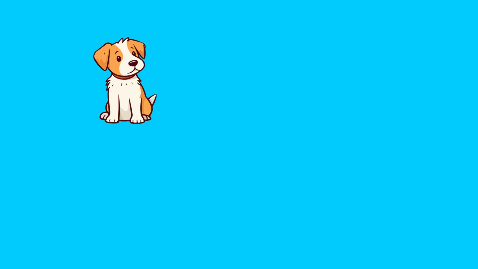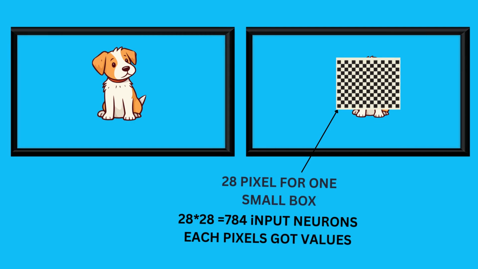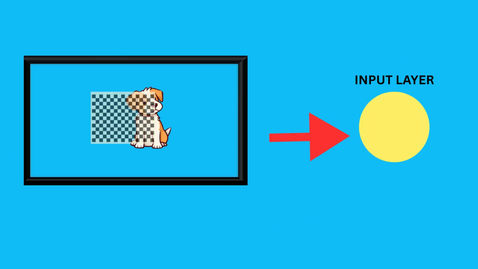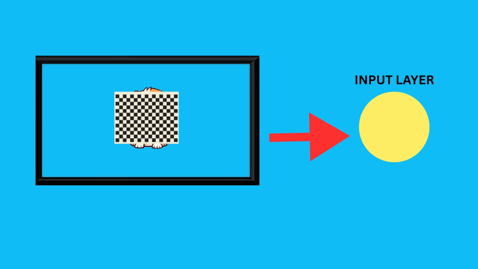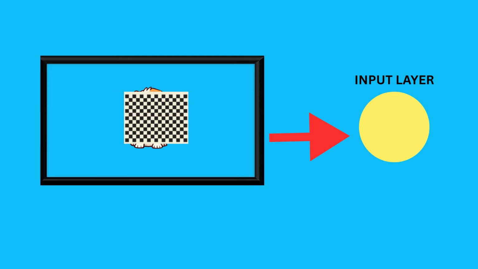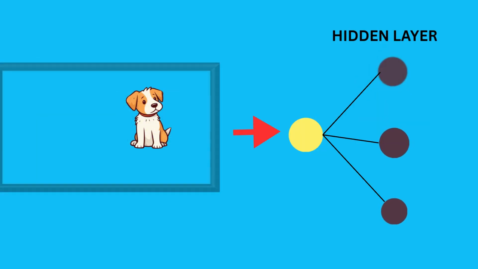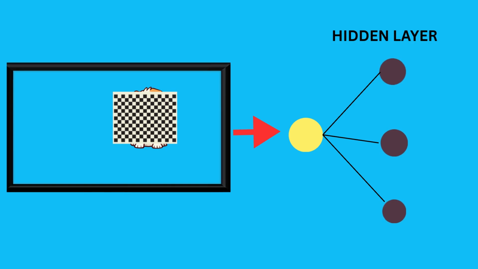If it is a 28 by 28 pixel image, that's 784 input neurons, one for each pixel. The input layer's job is to just hold and pass on the data. It doesn't process anything. It just says, here you go, network, do your thing.